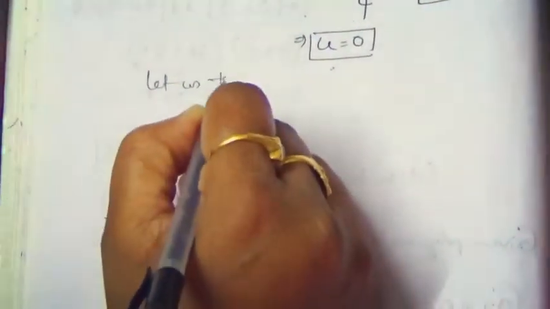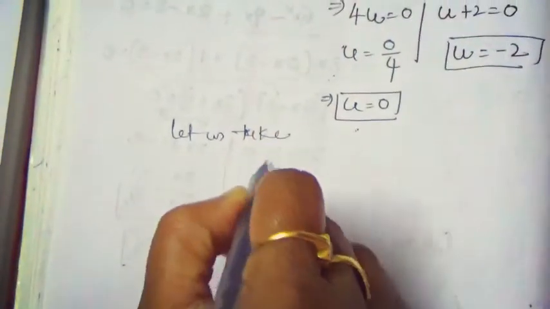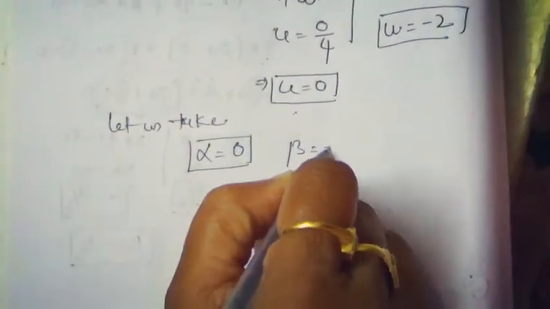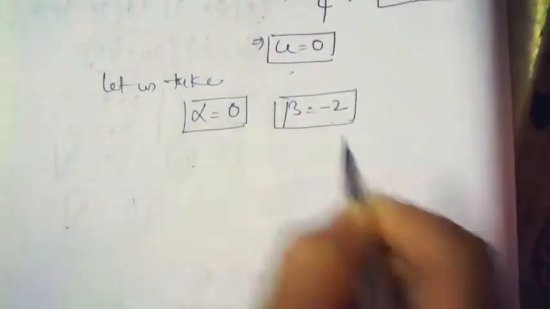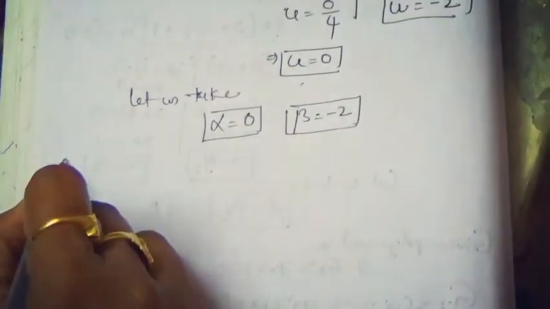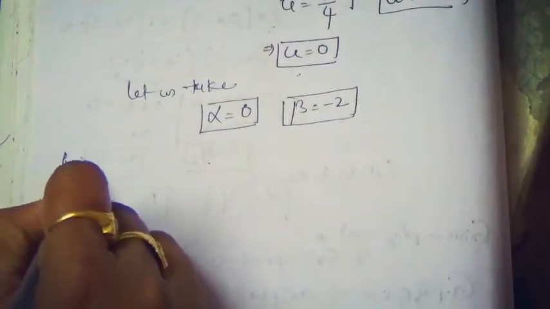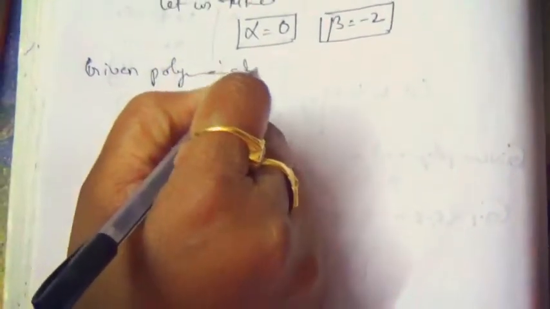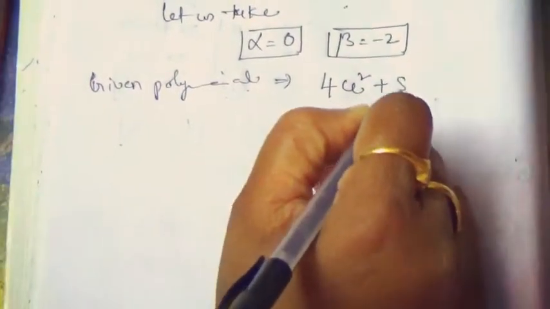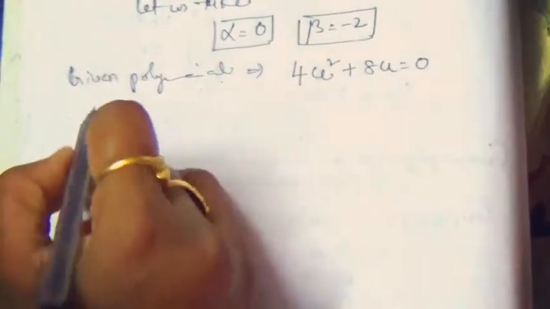Let us take alpha is equal to 0, beta is equal to minus 2. So here we have two zeros, okay, directly. So by the verification, firstly we have to check the given polynomial with the general form. Given polynomial, that implies 4u square plus 8u is equal to 0.